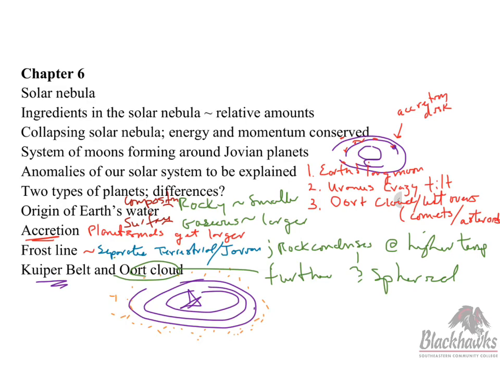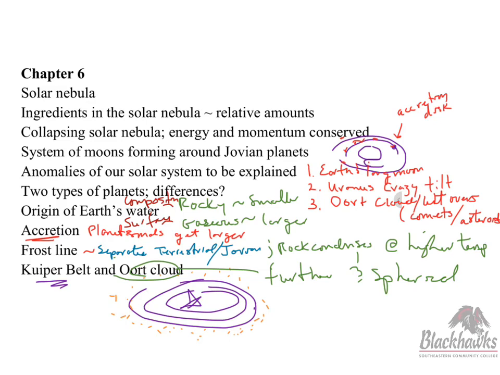So the Kuiper belt is in the plane of the ecliptic, out where Pluto is. And then the Oort cloud is also crumblies, but it is further from the sun and it's spherical. I'm going to do yellow dots around it. I like that.